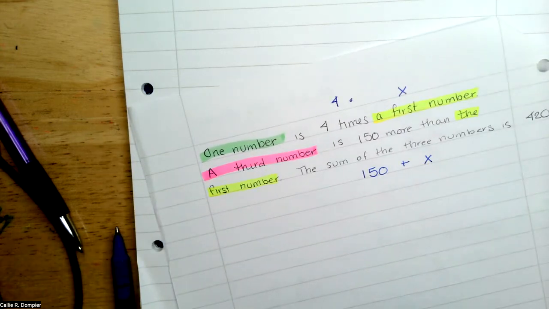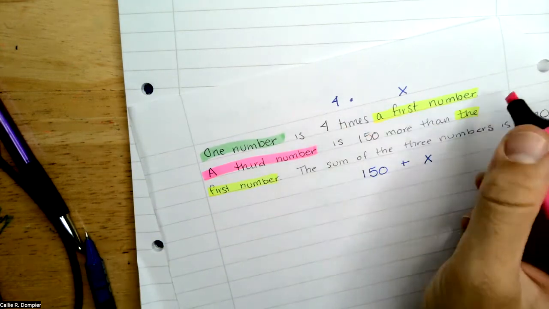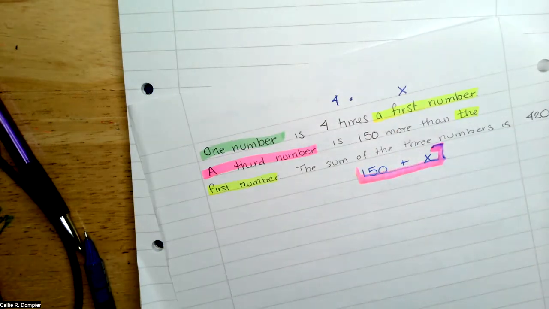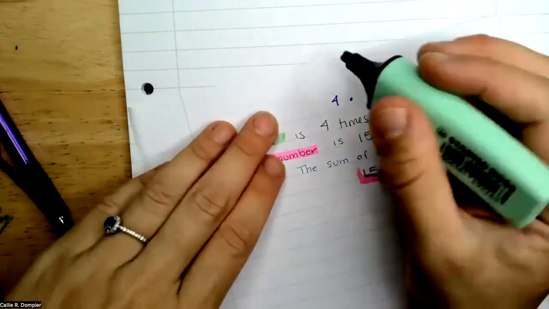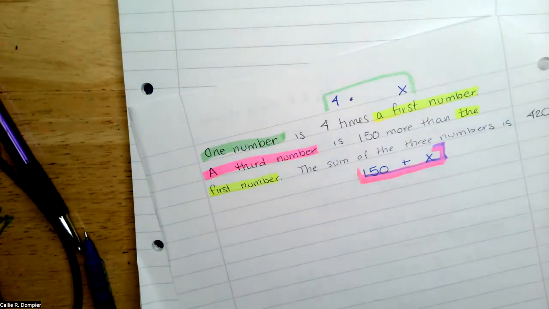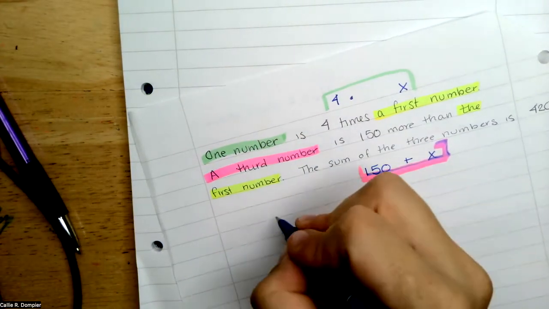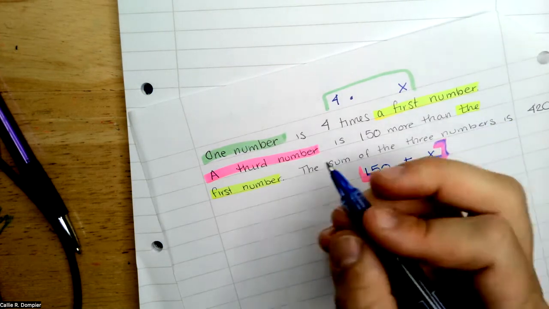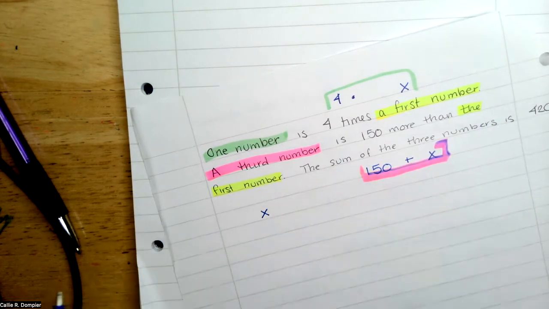So a third number is 150 more than the first number. Good. One number is 4 times a first number. And then we have that original, because there are 3 numbers, we need that original first number.